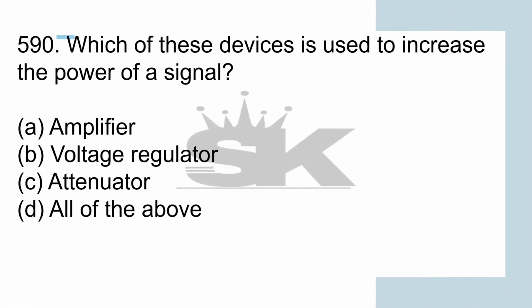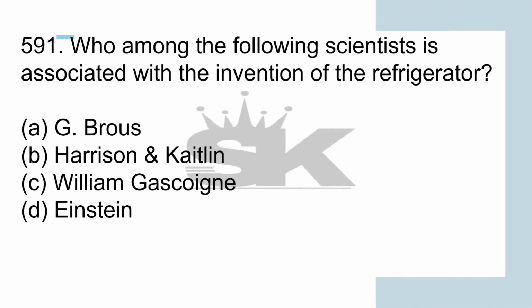Which of these devices is used to increase the power of a signal? That is amplifier. Okay. It increases the power of the signal. Okay. Who among the following scientists is associated with the invention of the refrigerator? That is Harrison, Kyle, Keitel. Okay.